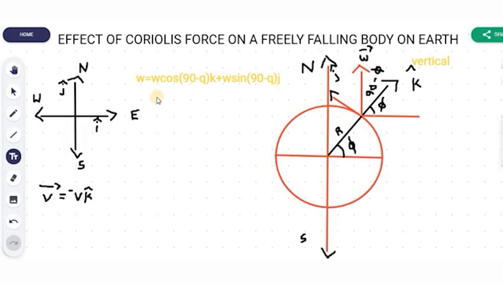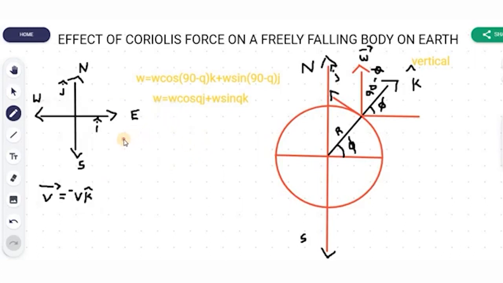So I can write omega as omega cos phi j, plus omega sin phi, and the sin component will be the kth part. I'm simplifying it.